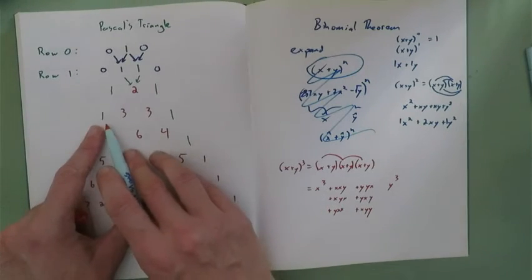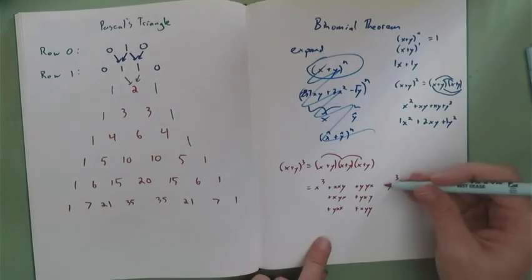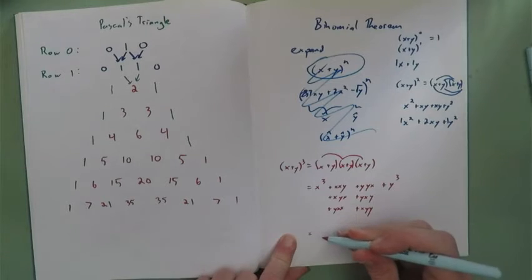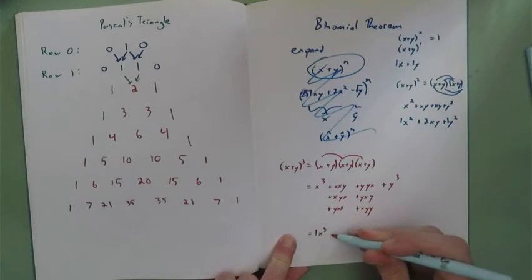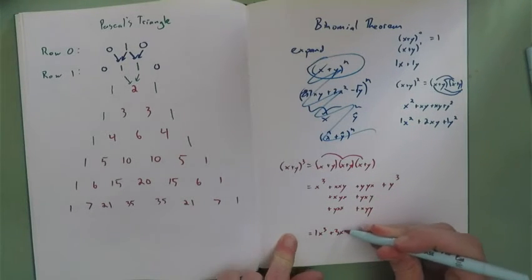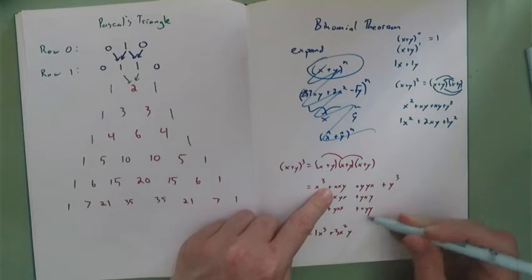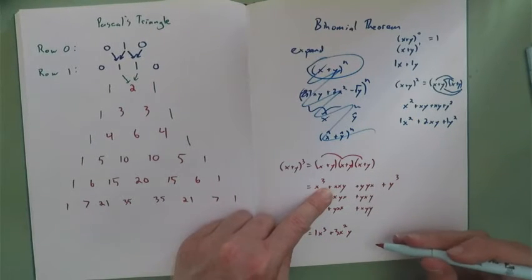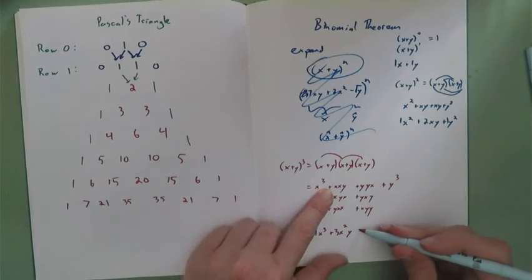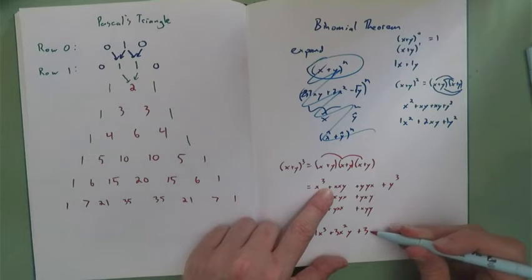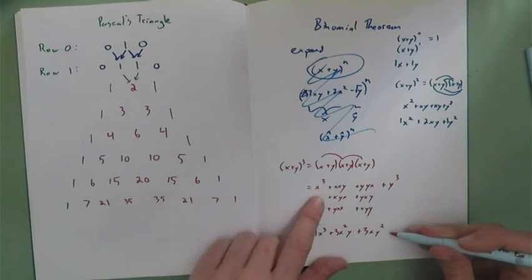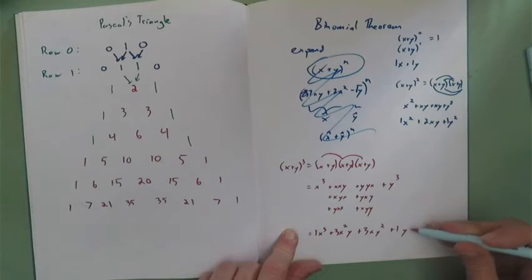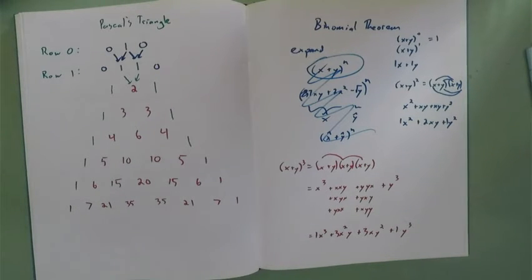And hey, check this out, 1, 3, 3, 1. So this is the same as 1 times x cubed plus 3x squared y, right? 3 versions where we have 2 x's and a y, plus 3 versions where we have 1 x and 2 y's, plus 1 version where we have 3 y's.